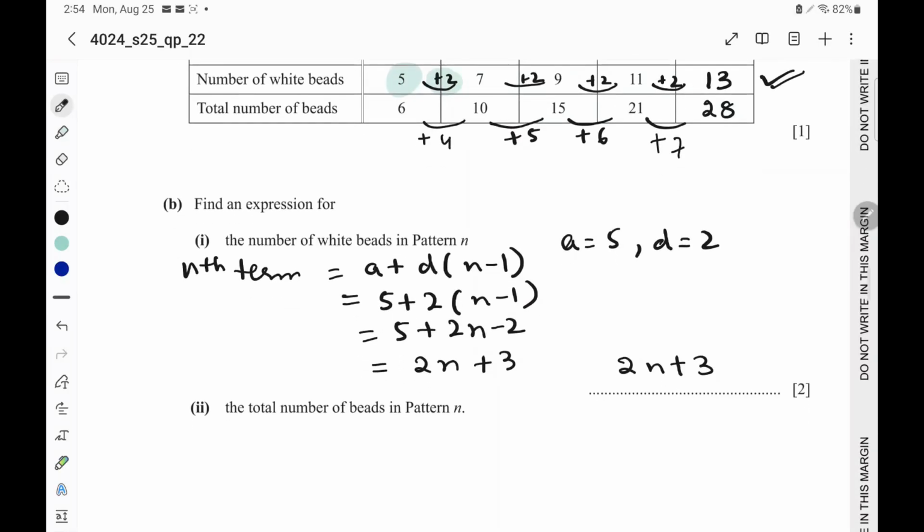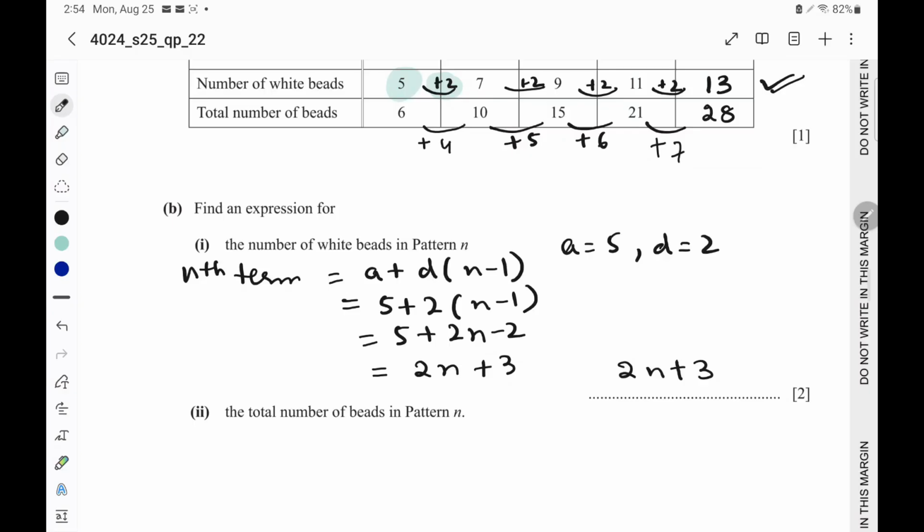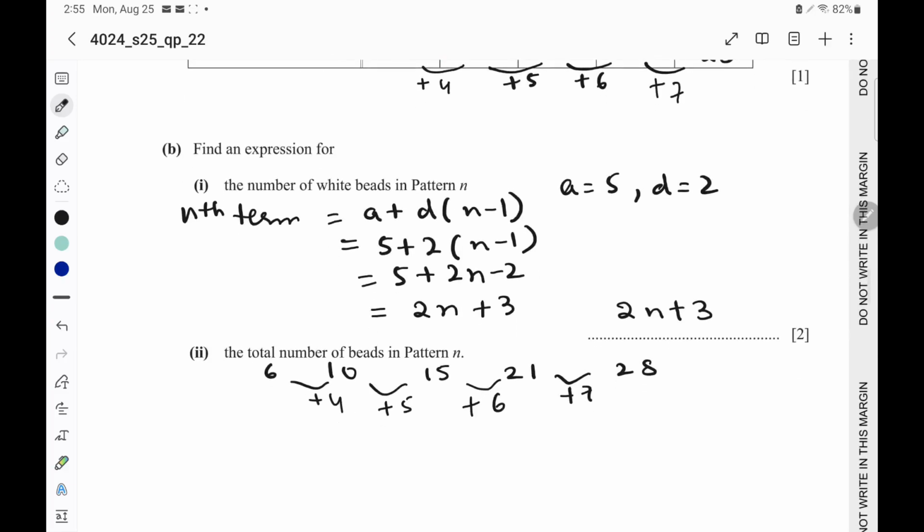When the second difference is the same, it means that we have a quadratic sequence. So 6, 10, 15, 21 and 28. So we'll have plus 4, plus 5, plus 6, plus 7, and now if I see plus 1, plus 1, plus 1, so now I'm getting the same difference. Okay, so it's a quadratic sequence.